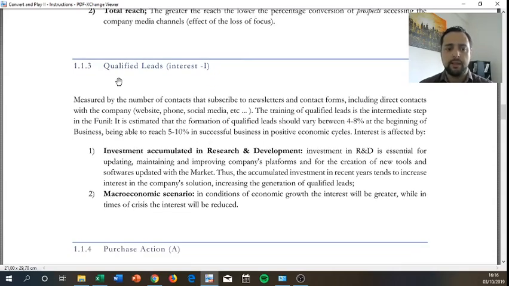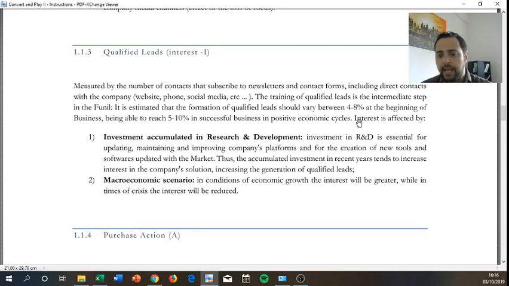So the conversion of interest is measured by the number of contacts that subscribe to you in different forms. In the beginning, you believe that between 4 to 8% will convert to be a qualified lead, and you believe that in the future it's possible to achieve 5 to 10% in a very good scenario.